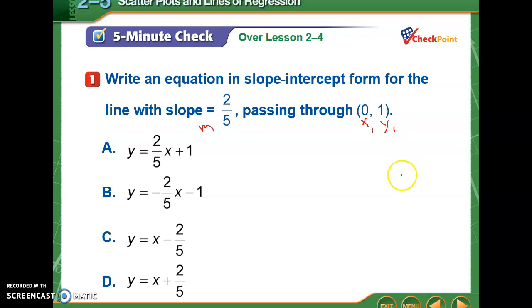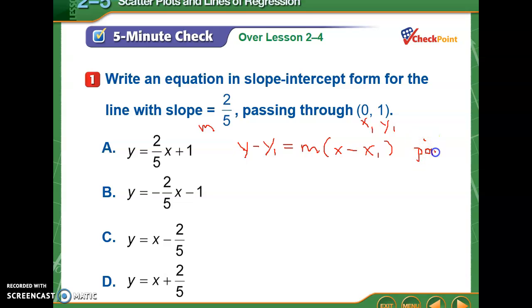Okay? So I'm going to use the point slope formula. y minus y sub 1 equals m, open parentheses, x minus x sub 1, close parentheses. So this is the point slope formula.